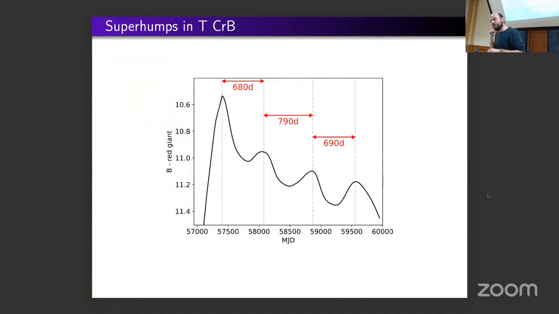And something very similar is seen in T Corona Borealis, where during this big super outburst, we see sinusoidal variability similar to the super humps of the precession period of the accretion disk. So it is almost clear to me that the variability in T Corona Borealis is dwarf nova.